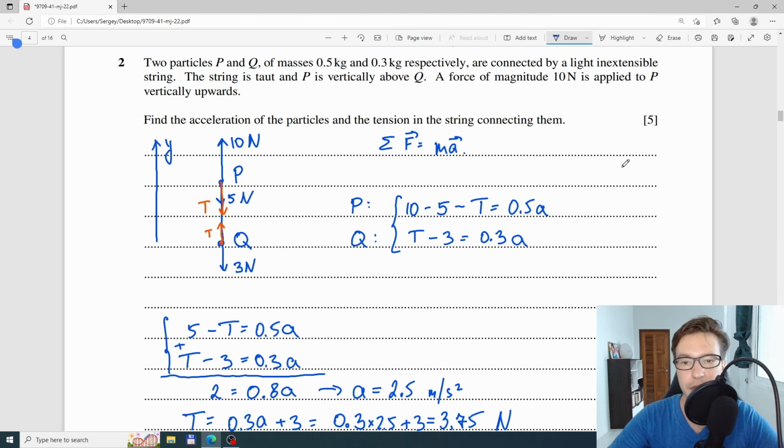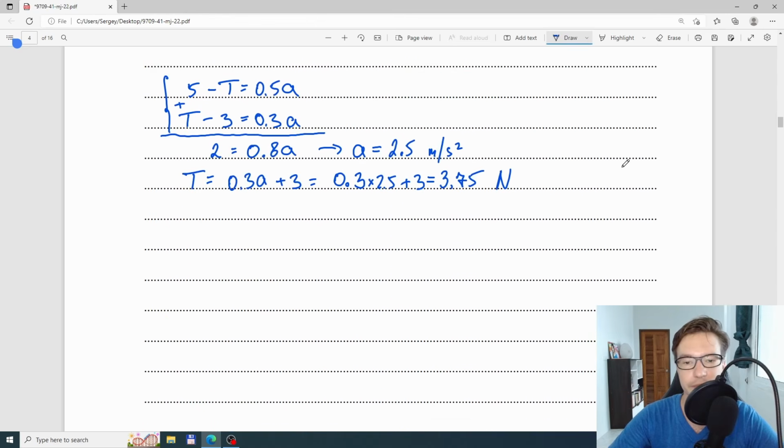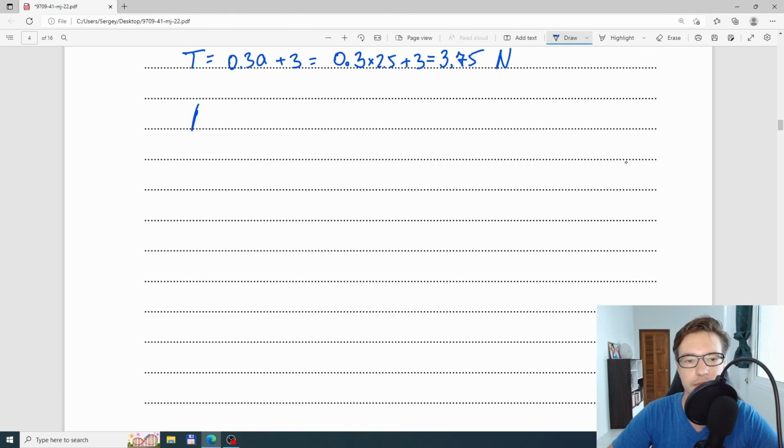Did we answer the question? Yes, we found the acceleration and we found the tension in the string. Let's write down the answer. Tension equals to 3.75 newtons and acceleration equals to 2.5 meters per second squared. Let's move on to the next question.